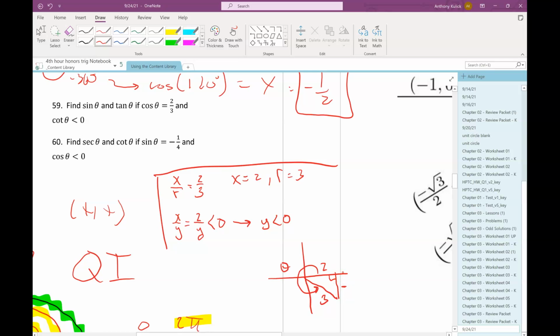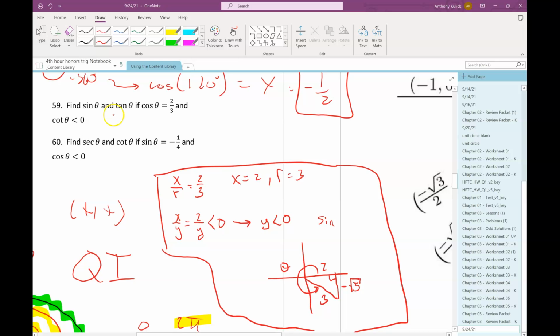So I can then use the Pythagorean theorem to find that y coordinate. That's going to give me the square root of 5. Once I have that, which one am I looking at?